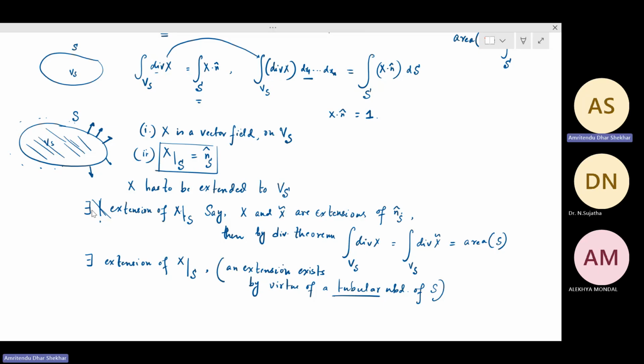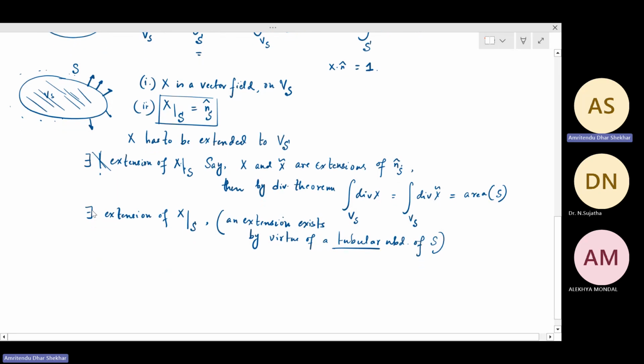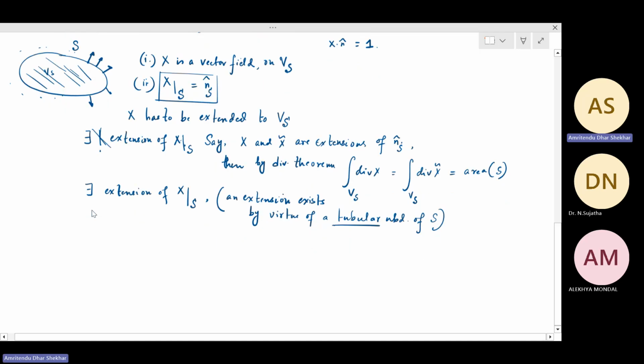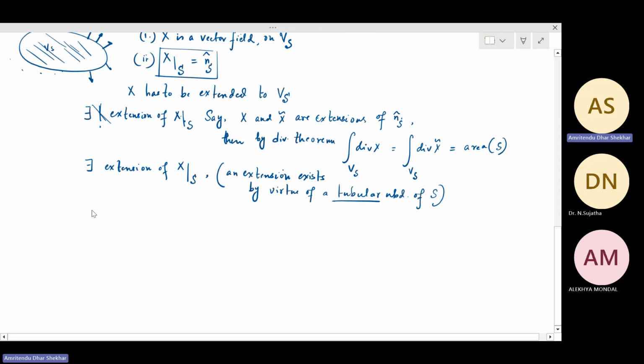Right. I mean, you don't necessarily have to... well, yeah, I think you need a tubular neighborhood of S for this to be defined. But let's take an example. Okay.